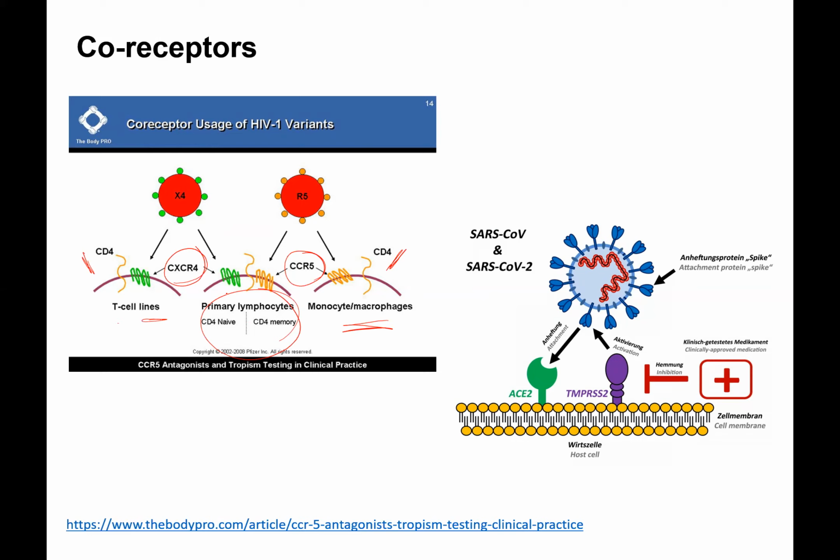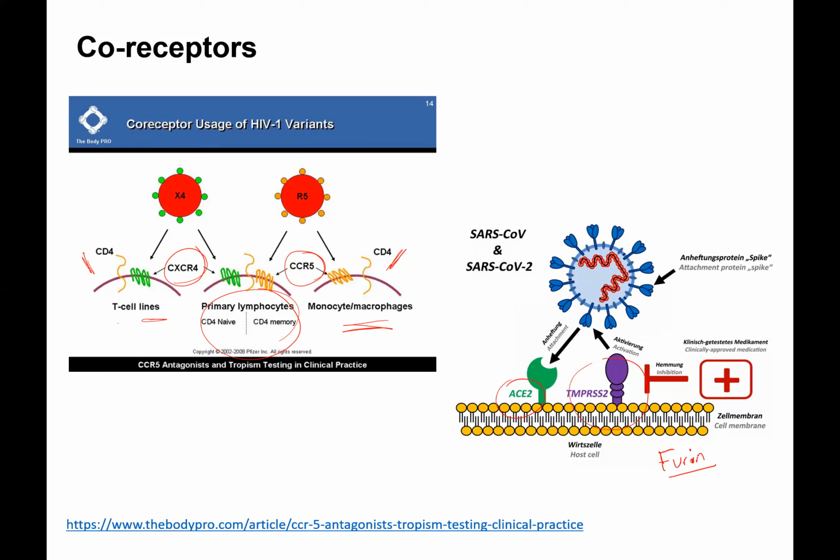SARS and SARS-CoV-2 is an interesting one. We know the main receptor is ACE2. We're learning that this virus also needs a protease. TMPRSS2 is one of the most common ones, but there are data showing that furin, which is another very common cellular protease, can actually seem to extend the tissue tropism of SARS-CoV-2.